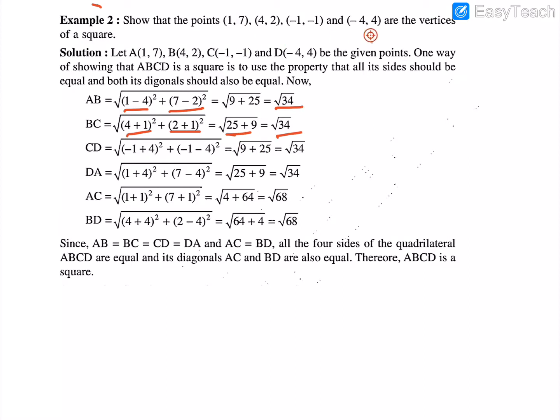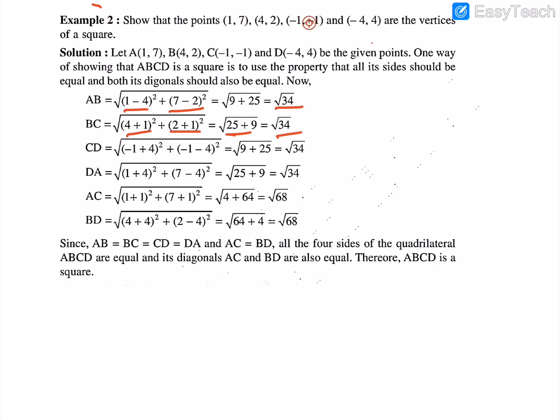Between the first point and the last point, AD: 1 minus of minus 4, 1 plus 4, 7 minus 4, 3. So 25 plus 9, 34. Here we have got all 4 sides as root 34. You may feel this is a square, but 4 sides are equal in a rhombus also. To confirm it is a square, the diagonals also must be equal. Diagonal means first point and third point, second point and fourth point.